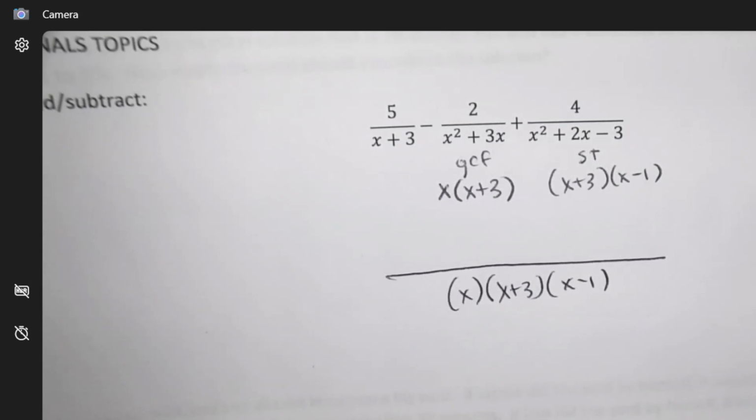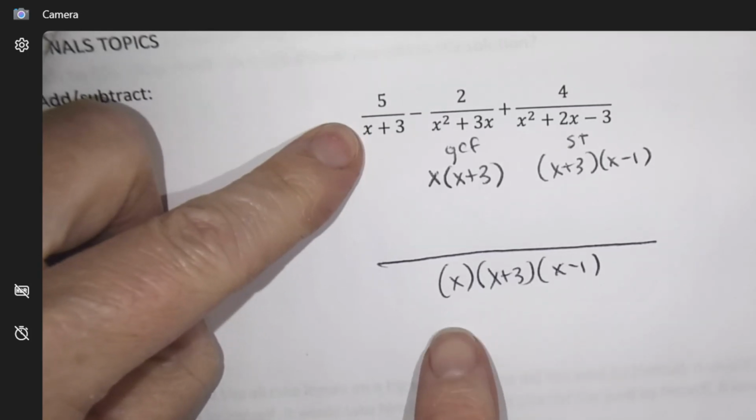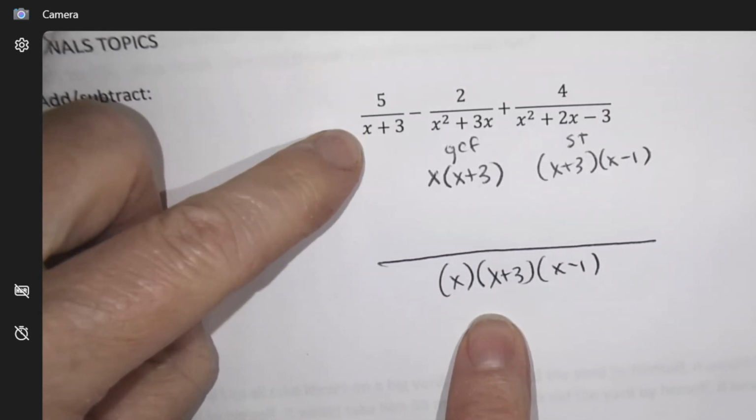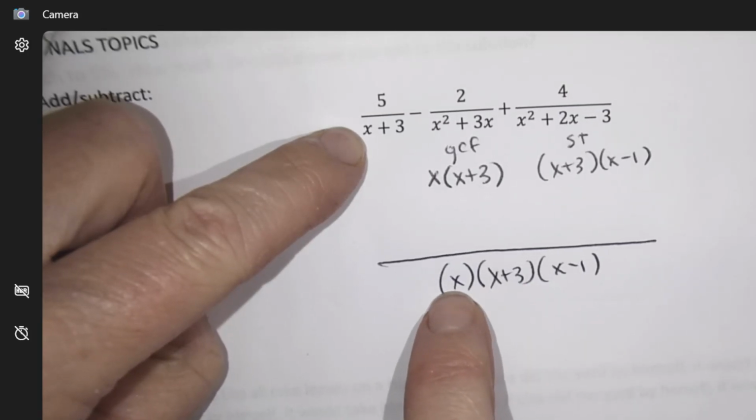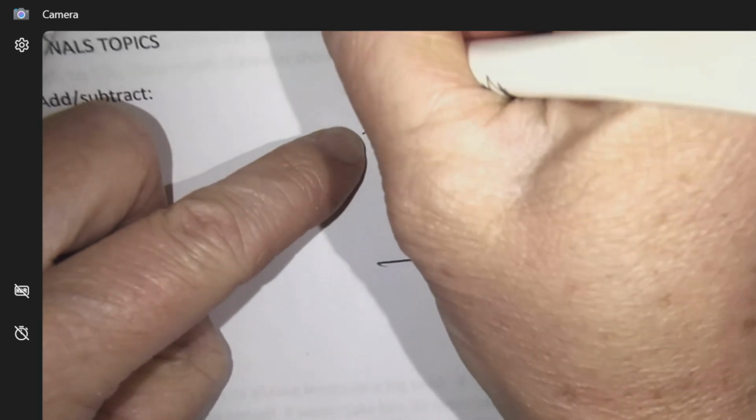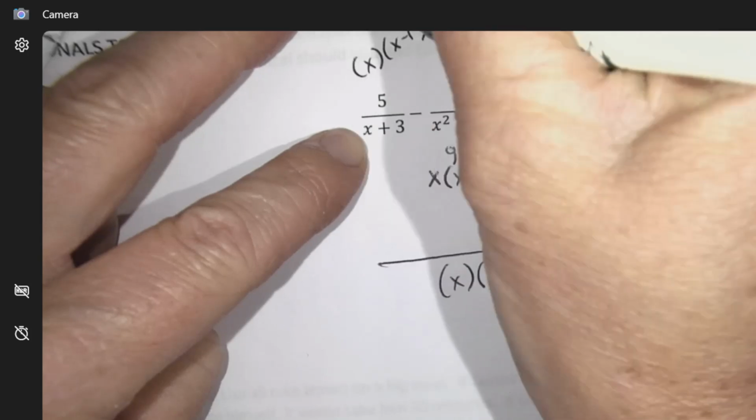Okay, and then the process is you look at each and say, what did you change by? So this first fraction had the x plus 3. So we're going to change it by that and by that, so by an x and an x minus 1.